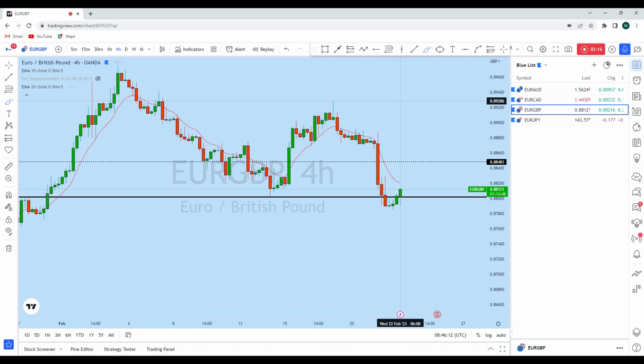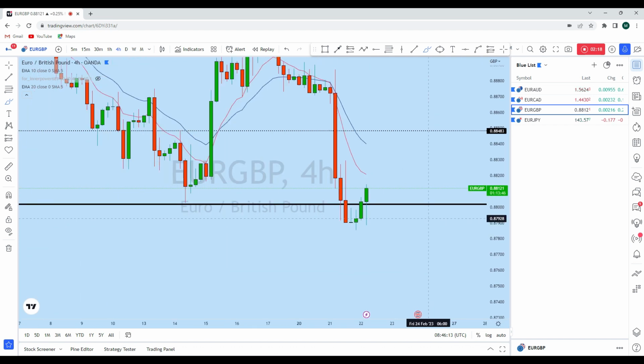If we look at a further lower time frame for a potential entry, the price on Euro GBP is creating multiple candles with a significant liquidity gap. With this doji there was one liquidity gap, and with another doji there has been another liquidity gap.